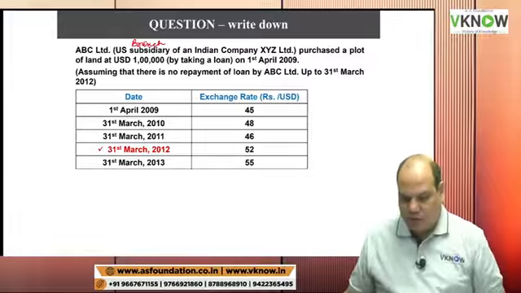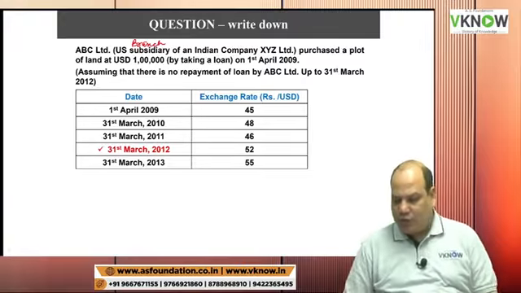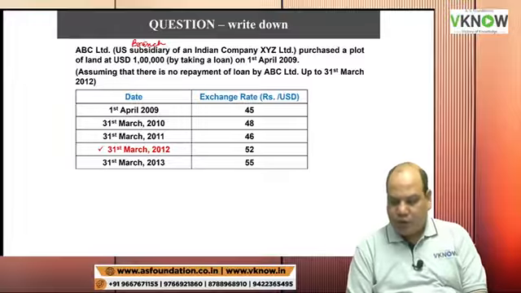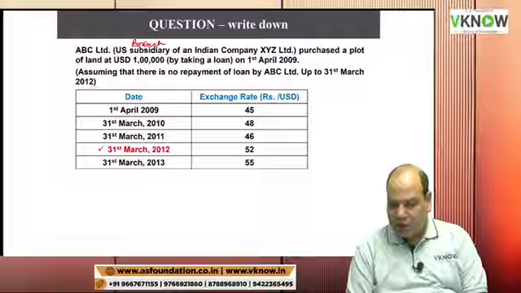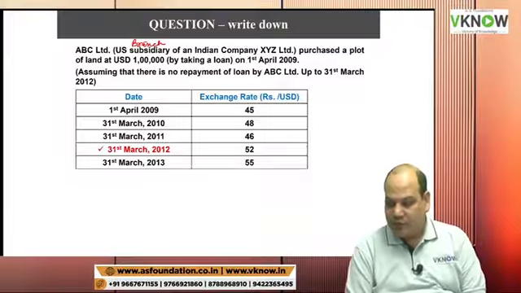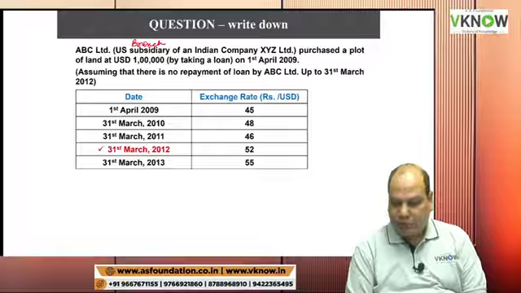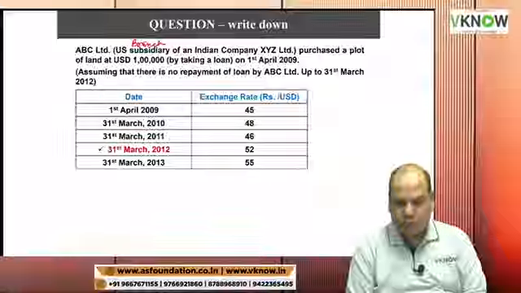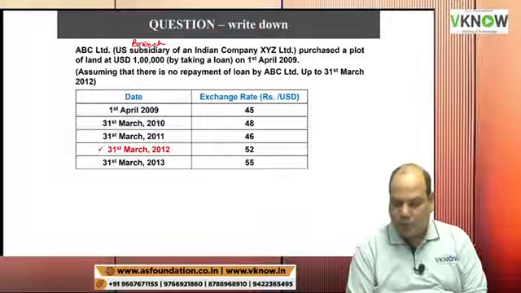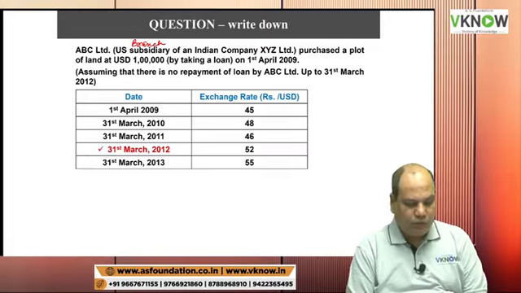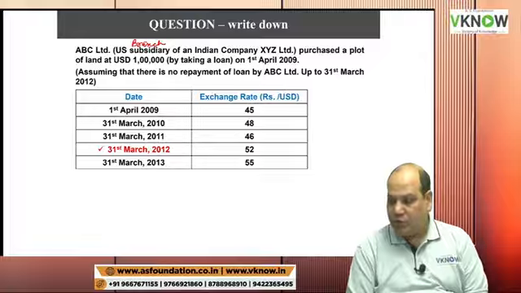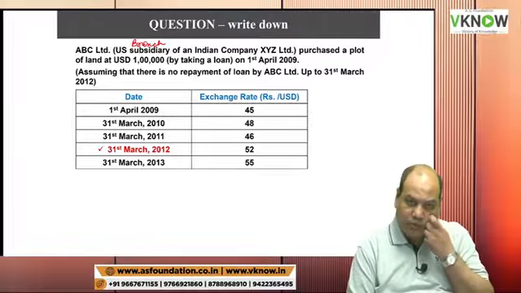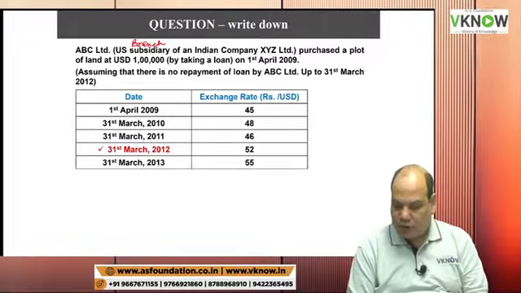Okay. So please try this wonderful question. ABC Limited, US branch of an Indian company XYZ, purchased a plot of land at USD 1 lakh by taking a loan on 1st April 2009.